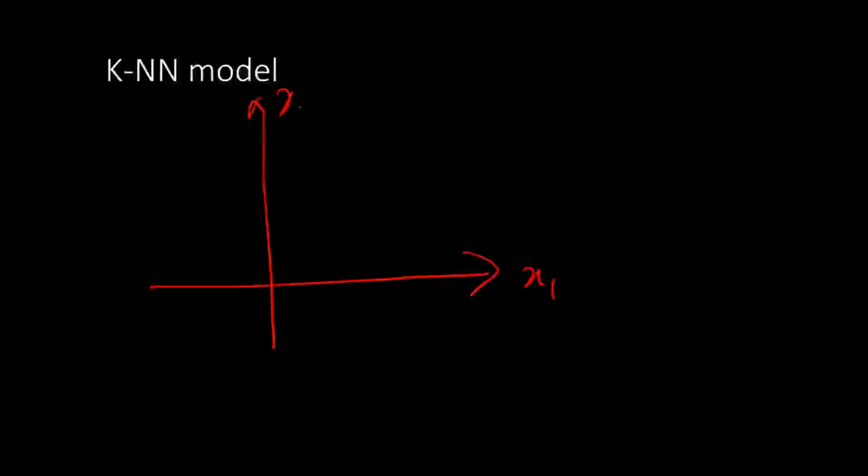Here we have the same x1, x2 space, and we have the same set of training points. For any test point, we will find out what are the 3 nearest neighbors. Let's say it's a 3 nearest neighbor model.